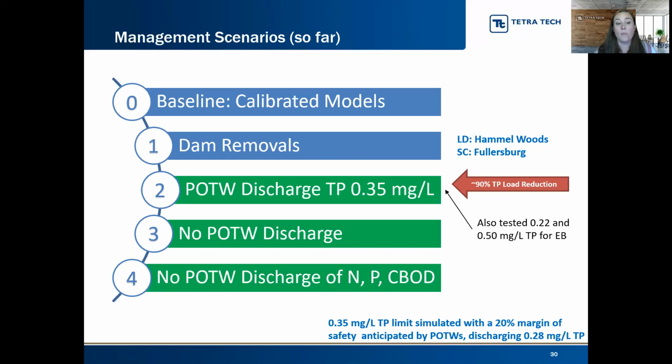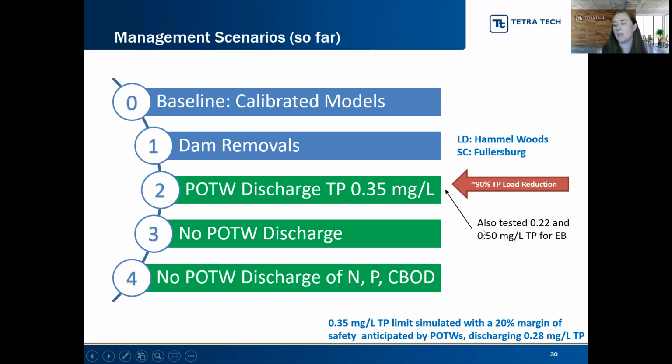When we talk about this discharge limit of 0.3, that is a 90% load reduction of existing phosphorus loading to these waterways. So that's significant. For perspective, we also tested a slightly lower concentration of 0.22.